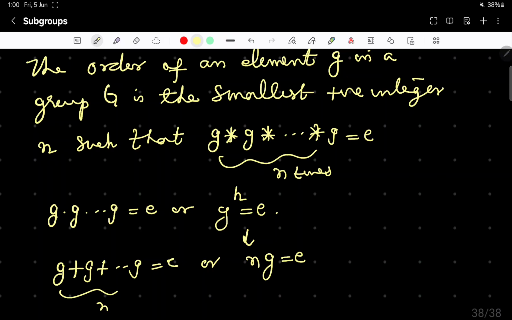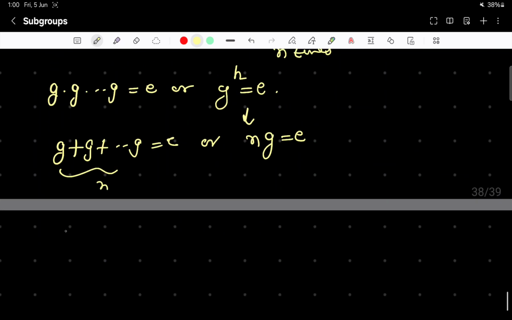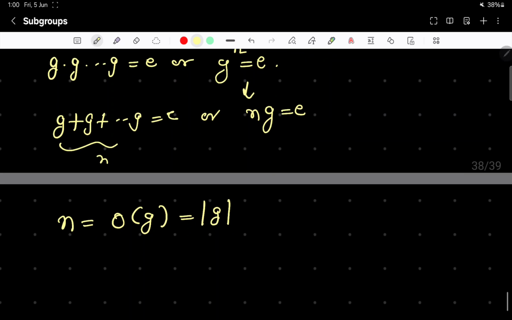The main idea is that if you operate g with itself n times, you should get back e. The first time such an n happens, that n is the order of the element. We denote this by n is equal to order of g, or similarly modulus of g. That is the idea.